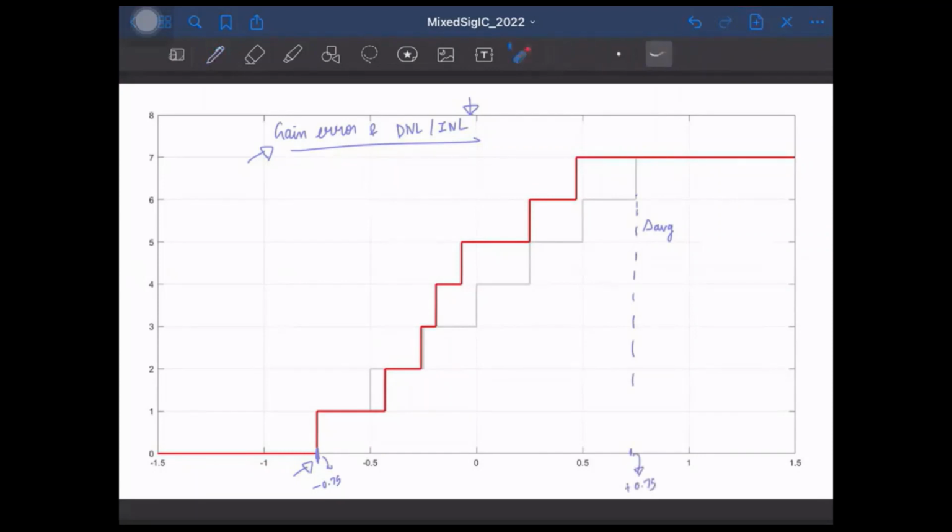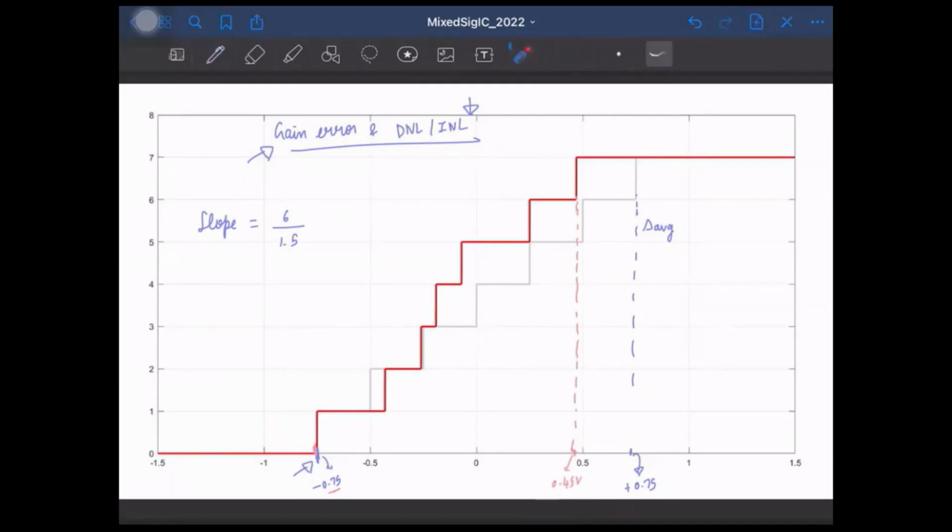Okay. And in between these, we have a total of 1, 2, 3, 4, 5, and 6 codes. So the slope for the ideal characteristic is around 6 codes by 1.5, right? Now for the non-ideal characteristic, that is the one in red, the starting transition point is still the same, that is minus 0.75. And the last transition voltage is, say, around 0.45. Okay.